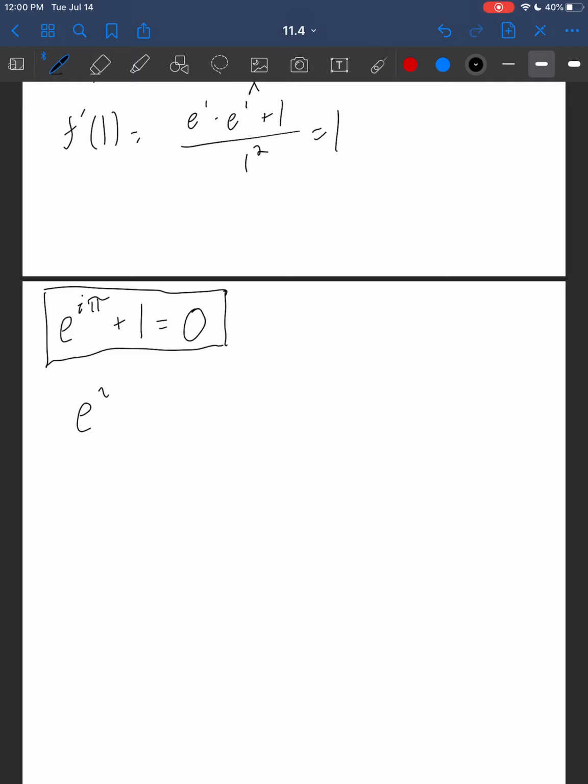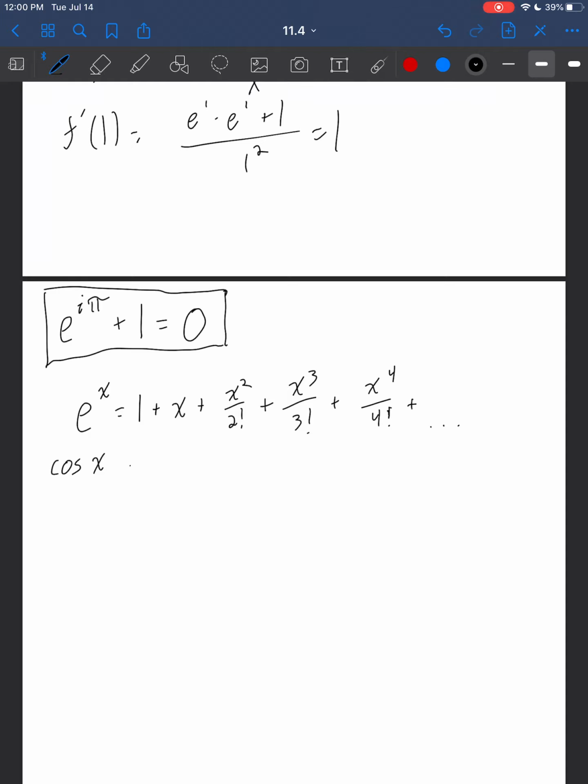So e to the x is going to be equal to 1 plus x plus x squared over 2 factorial plus x cubed over 3 factorial plus x to the 4th over 4 factorial, all the way up to infinity. And then we have a couple of additional facts, right?